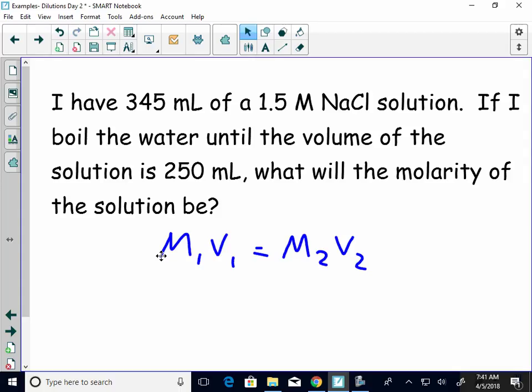Am I diluting this? I'm not, am I? I'm not increasing my volume on this one. I am decreasing my volume. So what should happen to my molarity? It should go up, right? It should go up because I am going to end up having a lower volume with the same amount of moles.